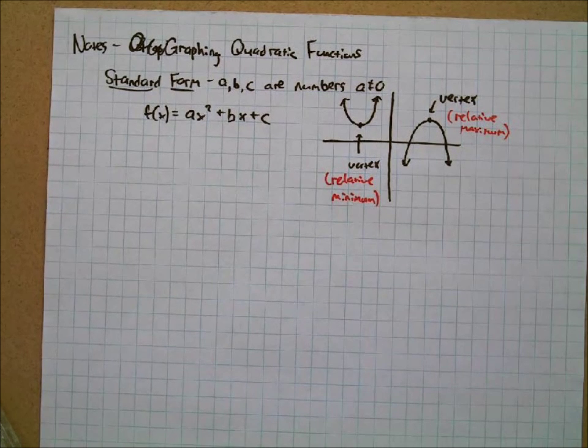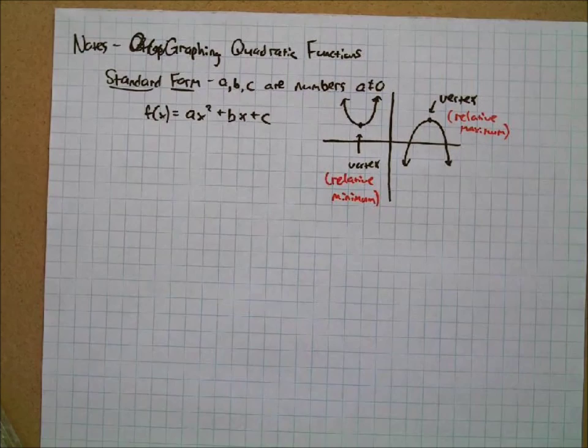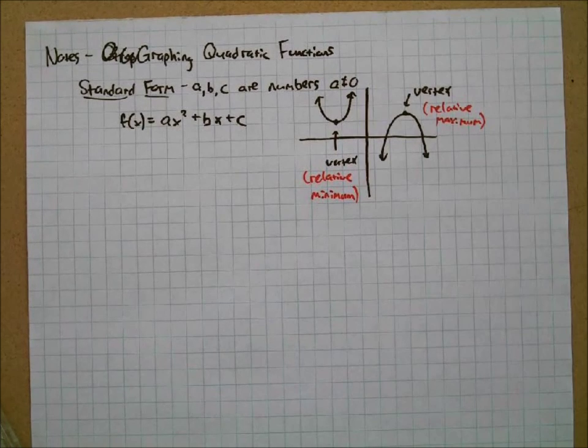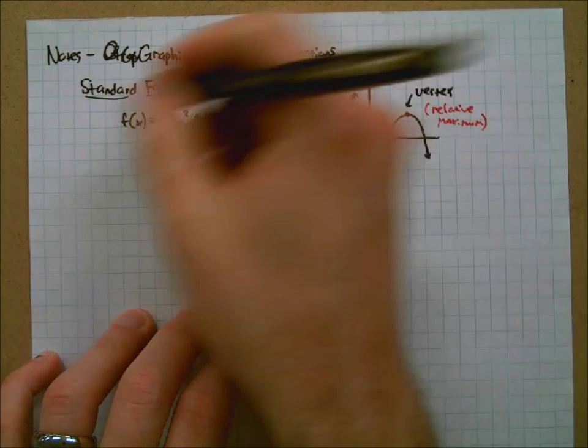Now, if you had algebra 2, you focused on things like the axis of symmetry. I'm not too worried about those because it's really not that important. But the vertex is an important point, and we want to be able to find that. So given standard form, how can we find the vertex?